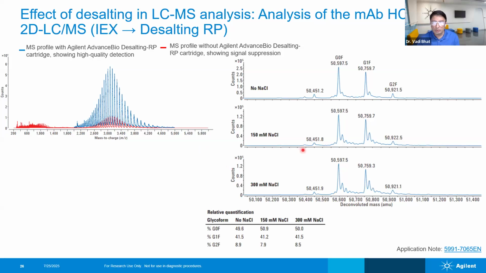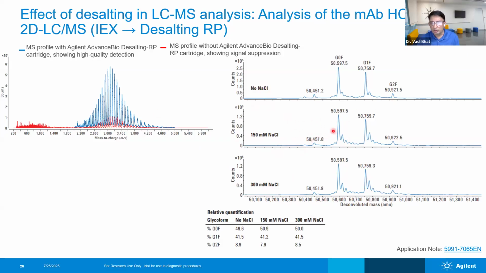Now we have done some work. It's not something new. We did it a few years back to look into that. You spike different levels of sodium chloride, like 150 millimolar, 300 millimolar, and see what happens, right? If you don't use desalting, then you see the red trace.